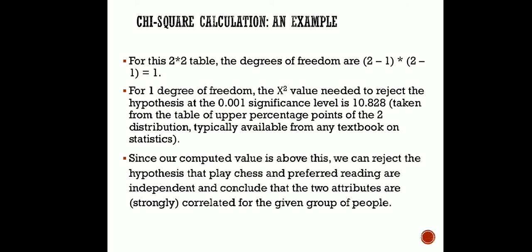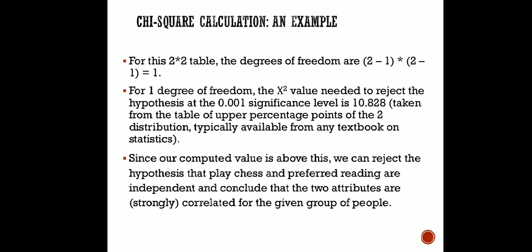This chi-square statistical test tests the hypothesis that A and B are independent events, or whether there is any correlation between them.